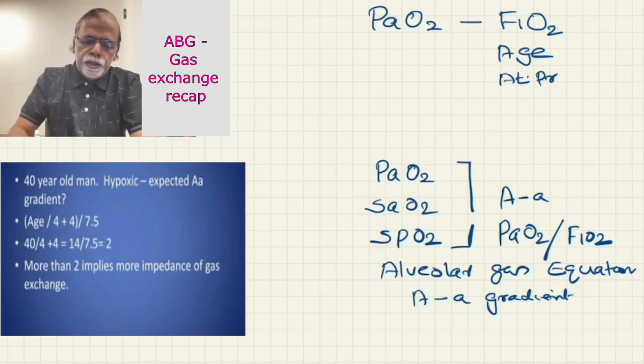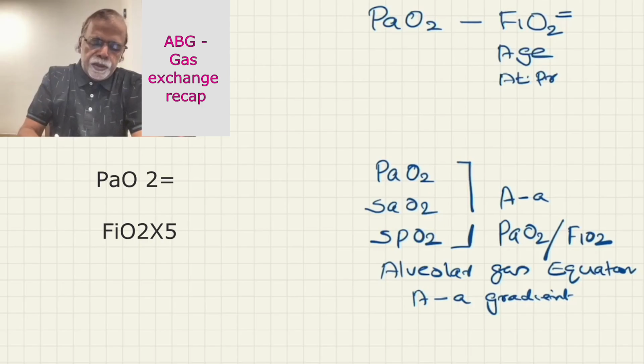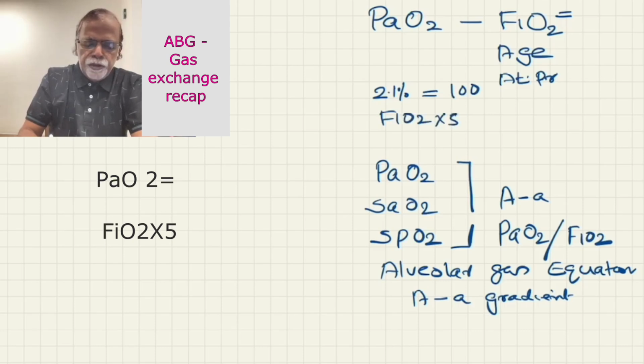First we look at the relation between FiO₂ and PaO₂. At atmospheric pressure at sea level, oxygen is 21%. Take it as 20, and the normal PaO₂ can be easily remembered as 100. So FiO₂ multiplied by 5 is the PaO₂.